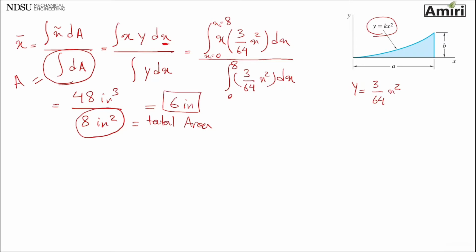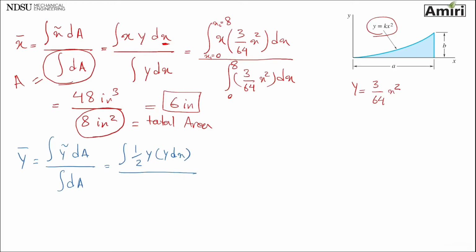I'm going to do the same thing for y bar. Y bar equals integral of y tilde dA over integral of dA. Y tilde, I found it to be half of y, and dA is y dx.